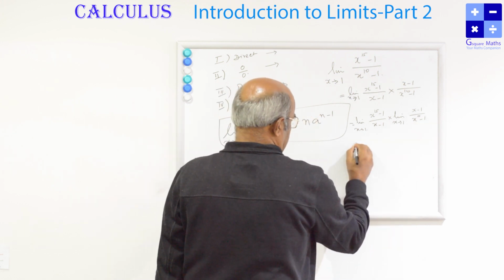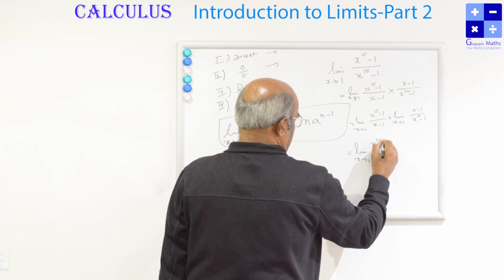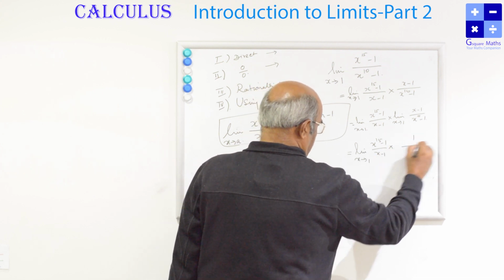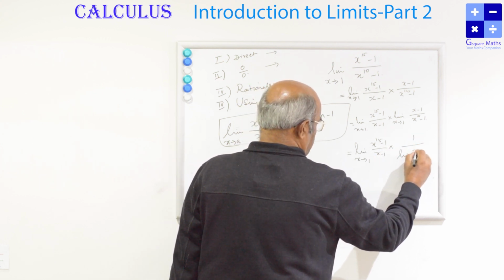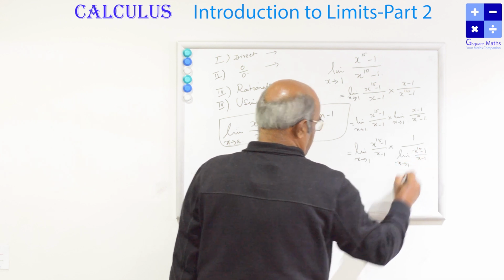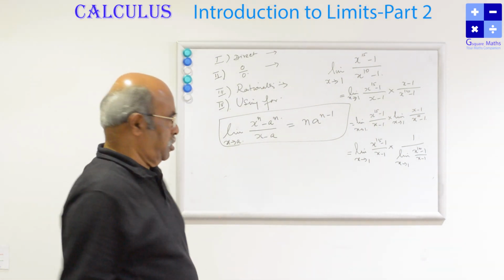That can be written as limit x power 15 minus 1 by x minus 1 into 1 upon limit of x power 10 minus 1 by x minus 1 as x tends to 1. The fourth formula of the algebra of limits is reciprocals.